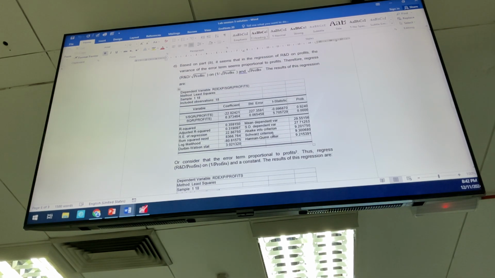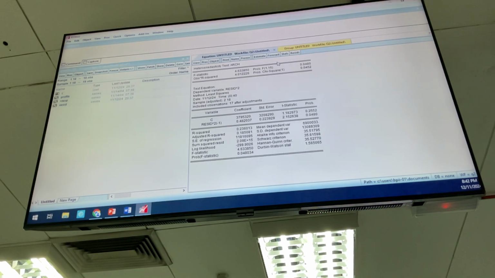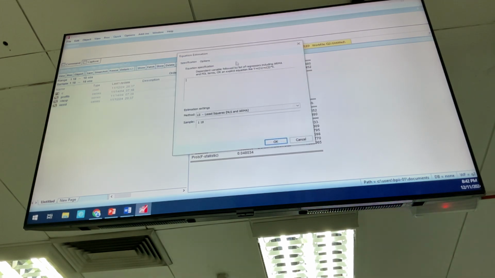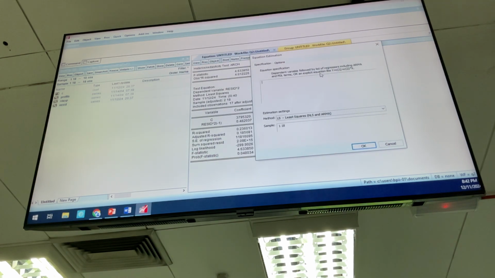Again, this one, you estimate. We will re-estimate the transformed equation. So we have RDEXP divided by the square root of profit. And then the original intercept now becomes 1 over square root profit.